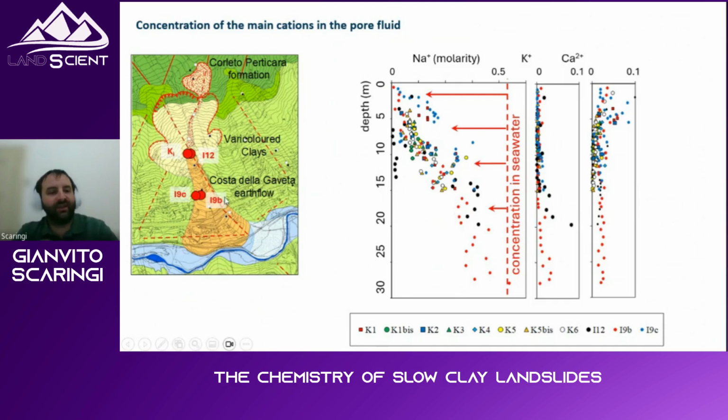Now, in these specific locations in the landslide, at depths of 20 to 30 meters, you actually find a composition of pore fluid which is very close to that found in seawater, basically.